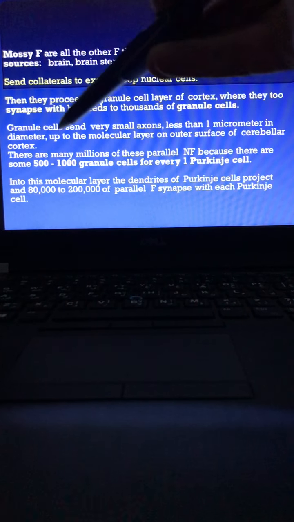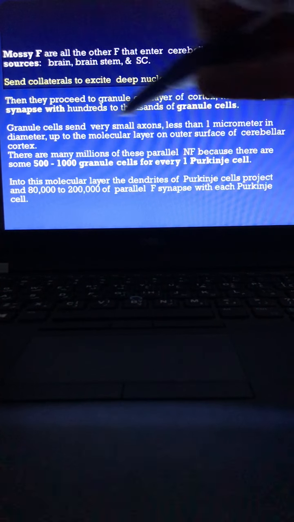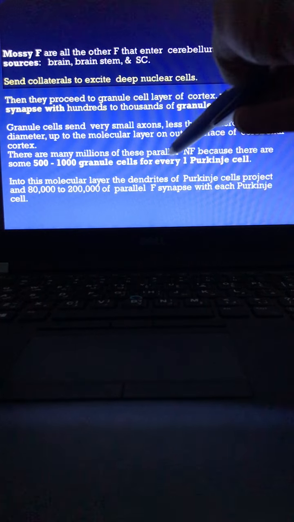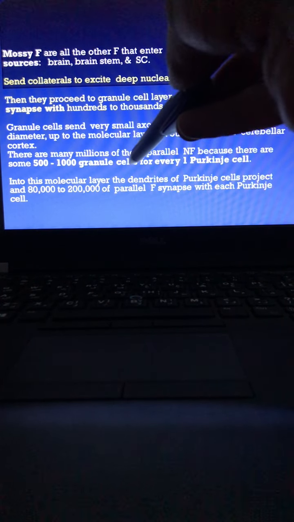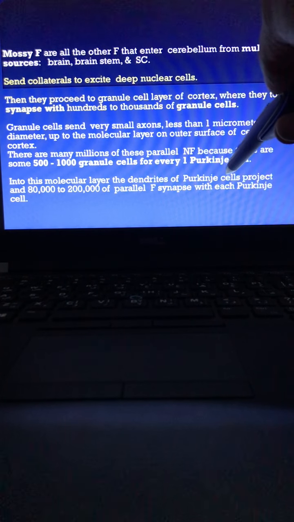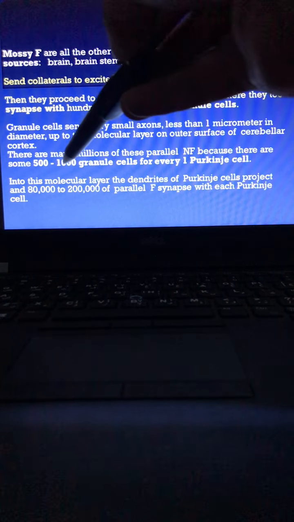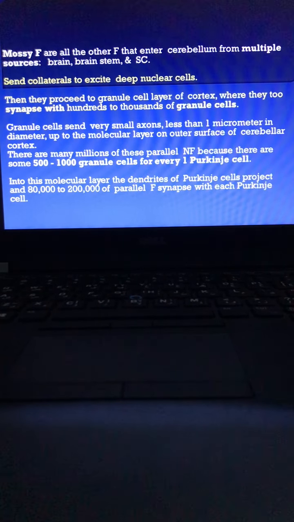There are many millions of these parallel nerve fibers because there are some 500 to 1000 granule cells for every one Purkinje cell. Into this molecular layer, the dendrites of Purkinje cells project, and 80,000 to 200,000 parallel fibers synapse with each Purkinje cell.